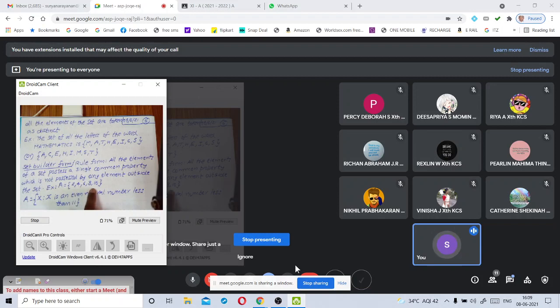By observing the elements of this set, all the elements are even numbers. Not only even numbers, they are less than 11. Yes or no? My dear Percy, Disha, understood this one?